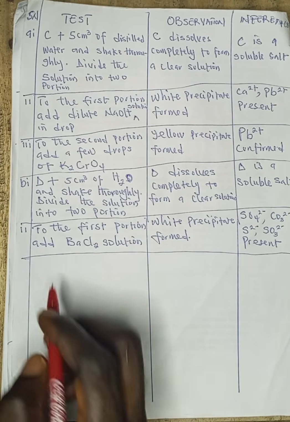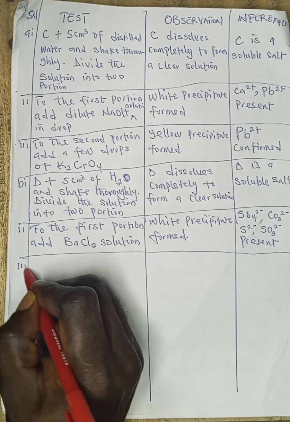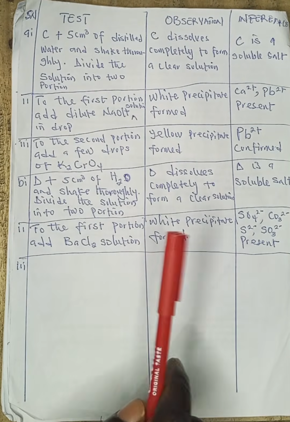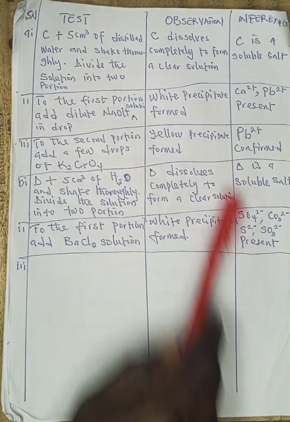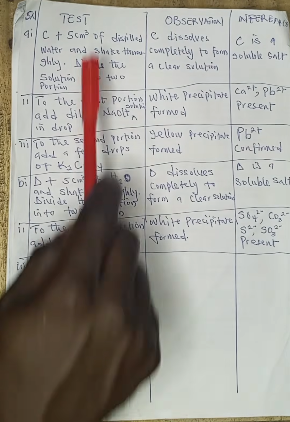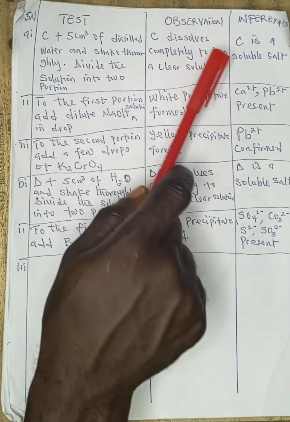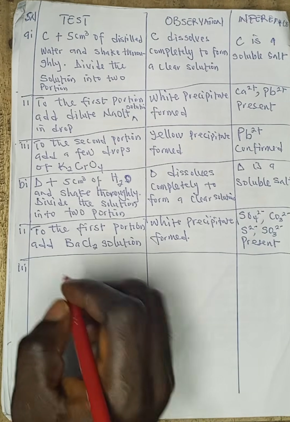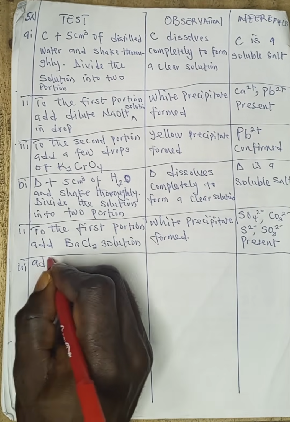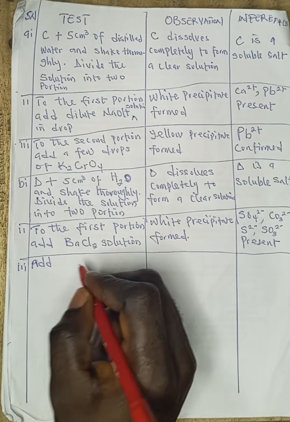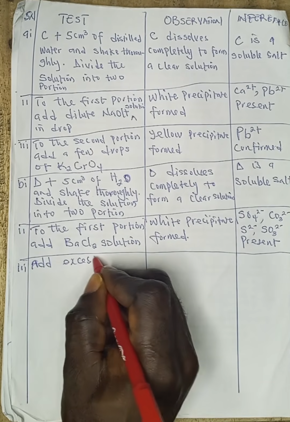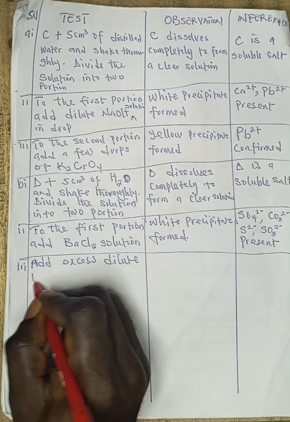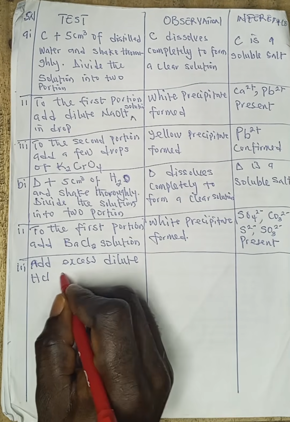Okay. The next thing you are asked, this is exact. I'm only here to assist you fill this portion. This is what NECO has given you. So here we are asked to add excess dilute HCl solution.